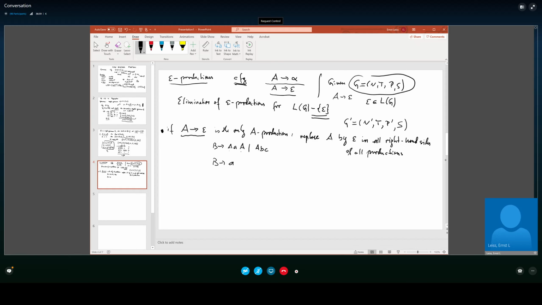The only way to remove them, if A goes to epsilon is the only A production, is to replace both A's by epsilon. So that means the only thing that's left, having replaced this A and that A by epsilon, is the little a. And then the other A, well, we do the same thing. So we have B goes to A, B, C, A or B, C. So in that case, that's very easy.